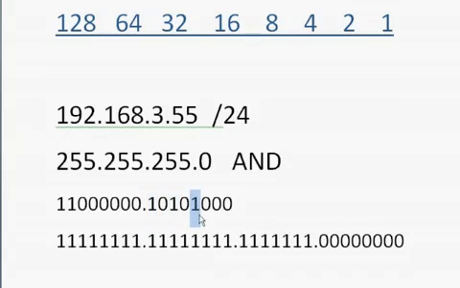All right, now the number 3, that's pretty easy. 0, 0, 0, 0, right? And then 4, 2, 1, so 4. No, I don't need a 4, I need a 2 and a 1. Okay, there we go, that's the number 3. And then the number 55, that's going to be 0, 0, 1. And then 32 plus 16 is 48, so I need another 1, right?